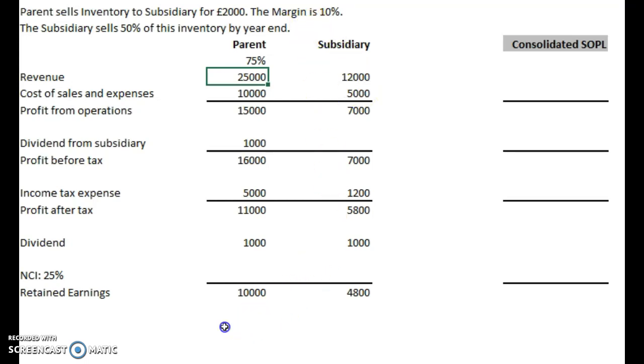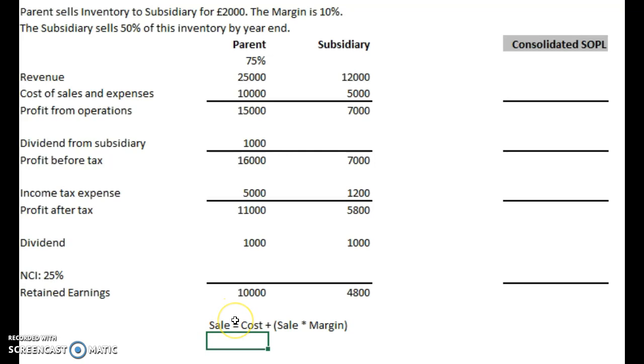So let's just have a quick look at how you calculate margin. The sale price is going to be equal to the cost price times the margin. What does this mean? The sale price is, call it £2,000.